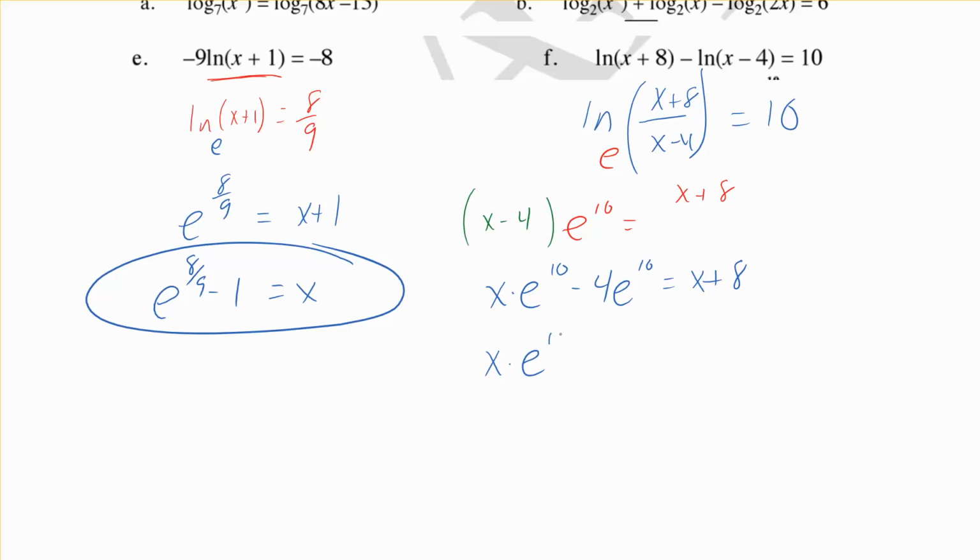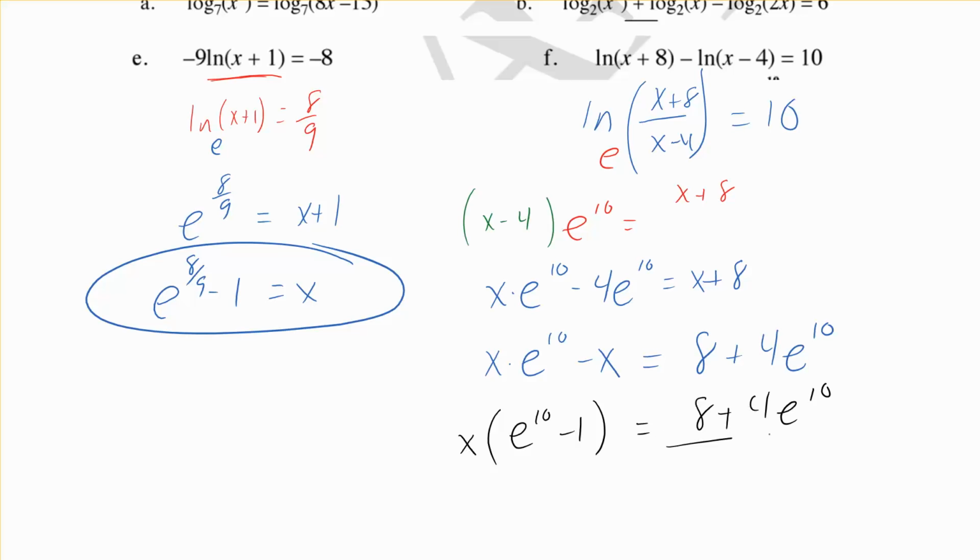X e to the 10th minus x equals, keeping this 8 over here, adding this over. All my x's are over here. Now I've got a sweet move of factoring that x out. X times e to the 10th minus 1 equals 8 plus 4e to the 10th. Divide by e to the 10th minus 1, and I'm left with x.